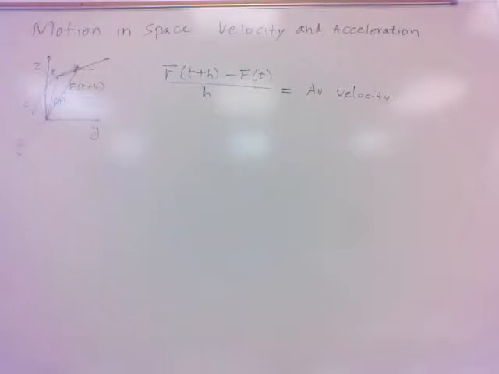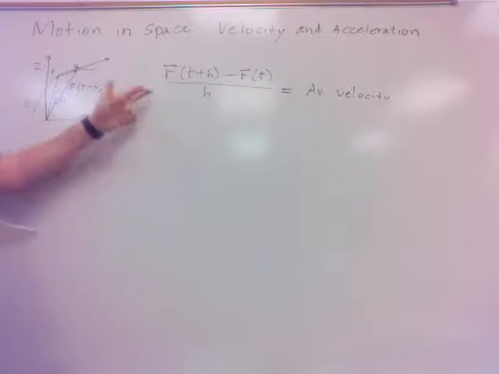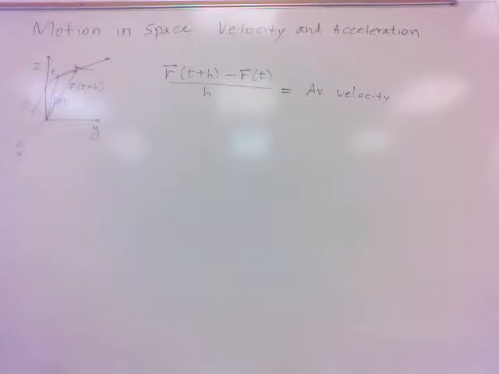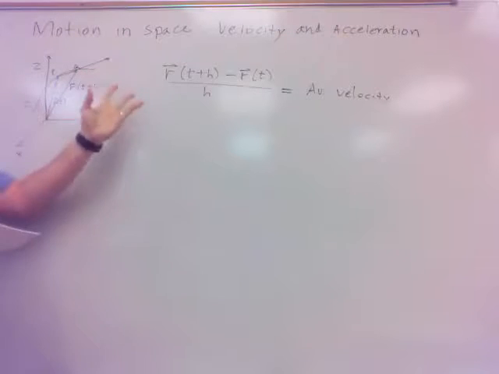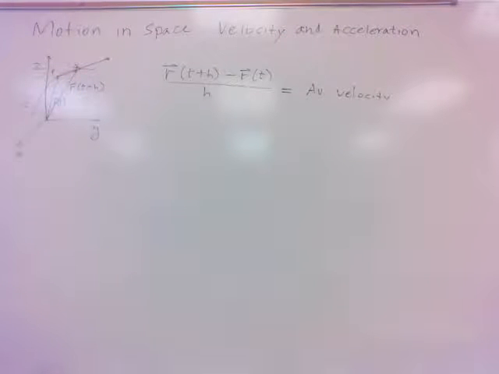The slope of that secant line, but now dealing in vectors, it's a vector. That would describe that velocity between those two. That would give us a velocity vector between those two times.